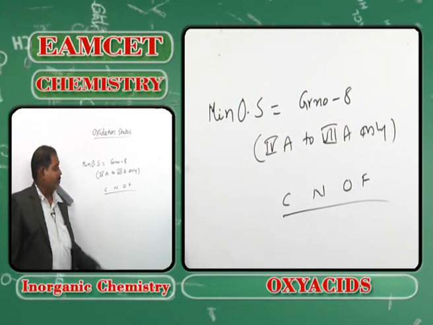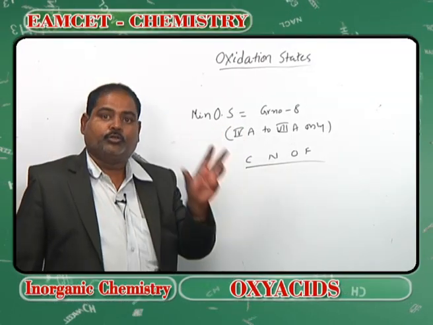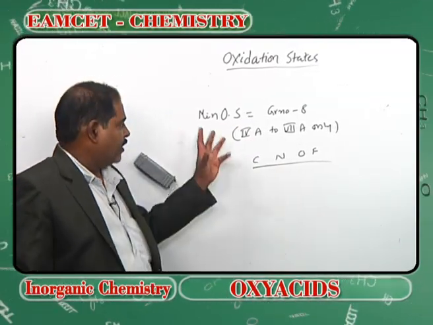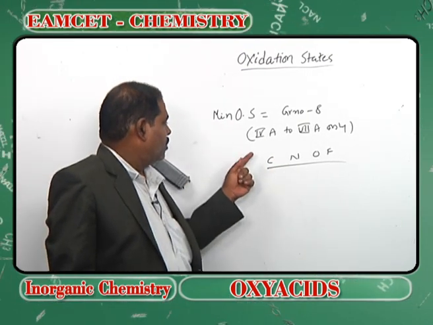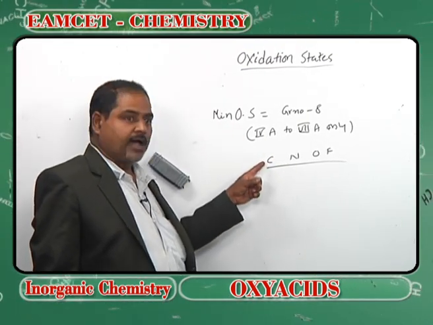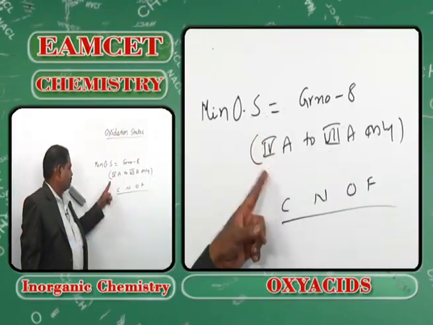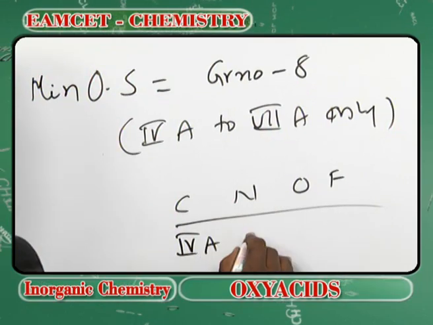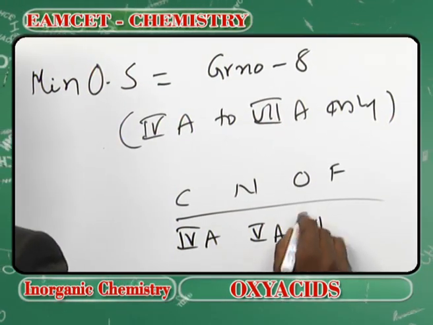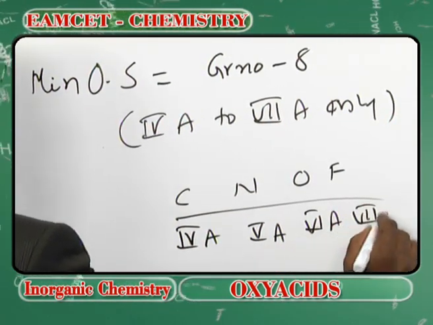You know that our main intention is to discuss chemistry through P block, where you find mostly non-metals. So, what is the maximum of carbon? Obviously plus 4 because this belongs to 4A group. 4A, 5A, 6A, 7A, right?